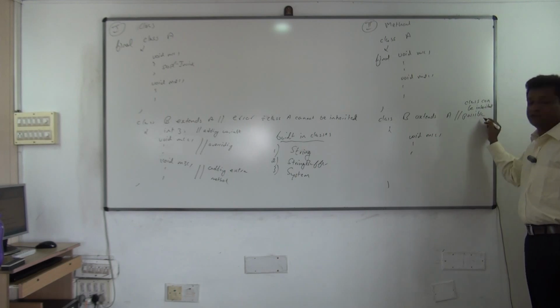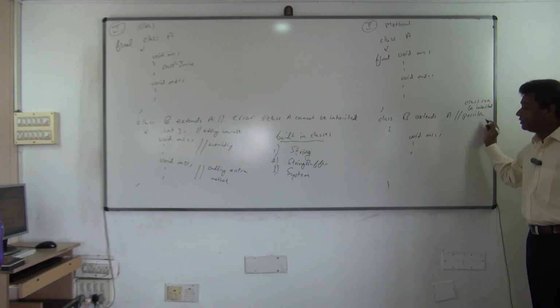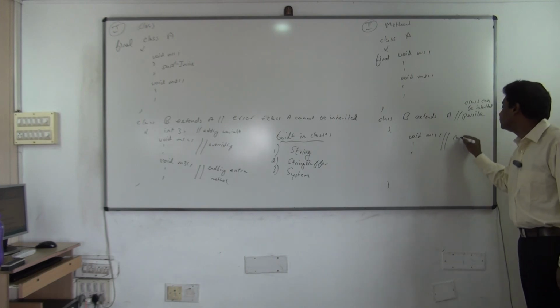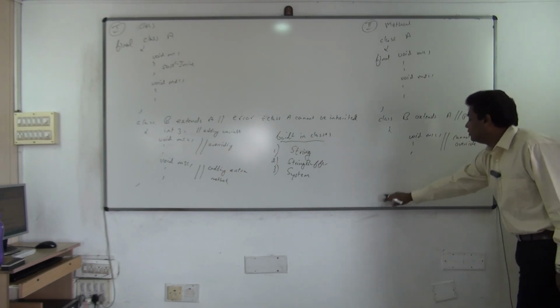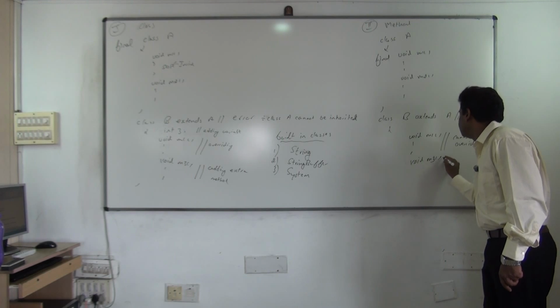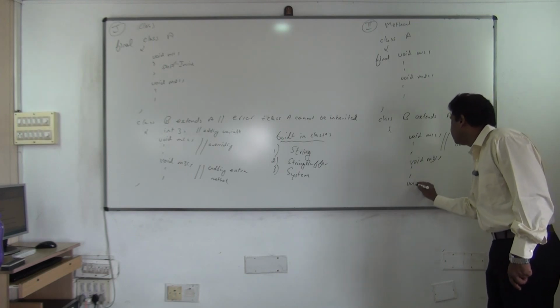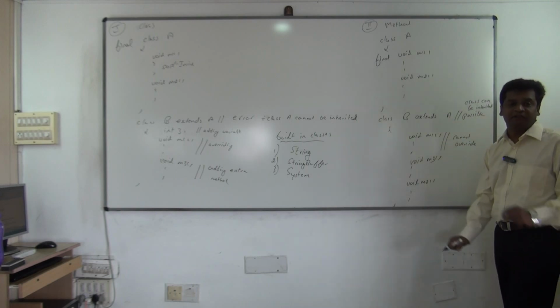But you cannot override M1, this is error. If you want, you can add extra members, that is your wish, void M3. And if you want, you can override M2. But you cannot override the M1 method.